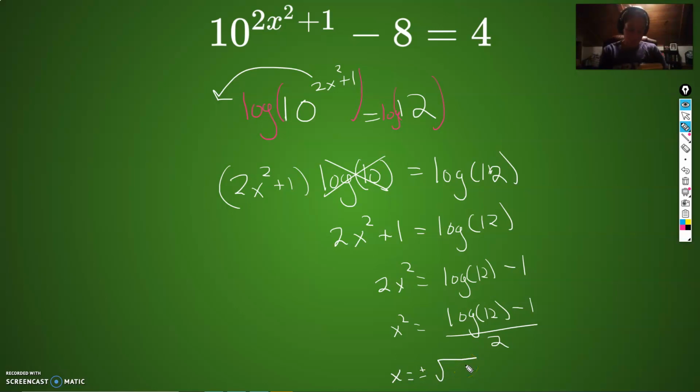So log of 12 minus 1, divided by 2.0, call this 0.04. So this will evaluate to x equals plus or minus square root of 4. Now, is this a valid answer, yes or no?